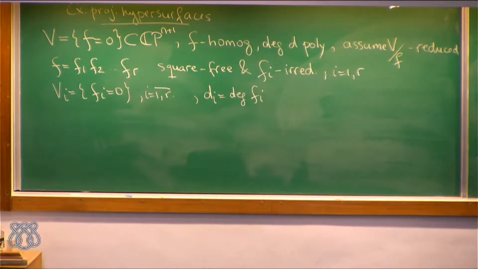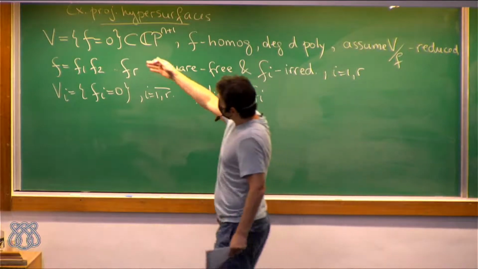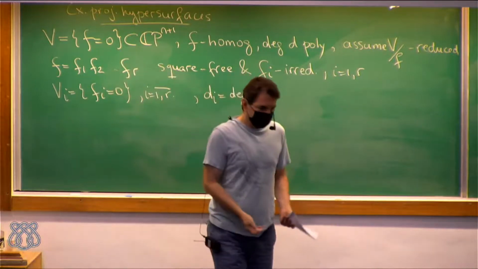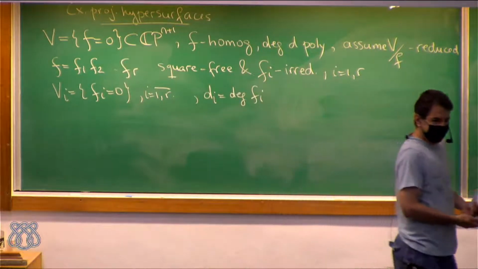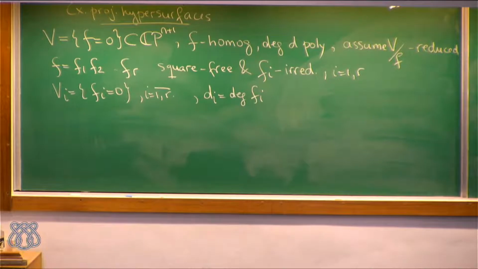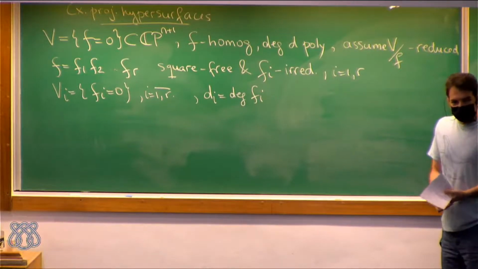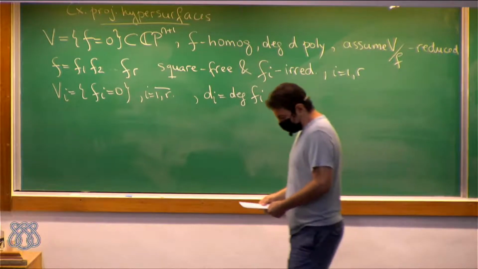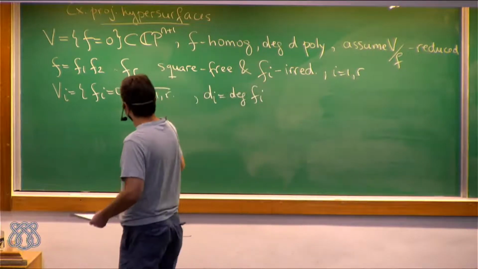So now what I want to do, remember my goal was to try to understand something about the topology of such a hypersurface, in the sense that I want to understand maybe Betti numbers or even integral cohomology. And today I will try to say something in that direction, but as elementary as possible. So I'll start with the top cohomology.